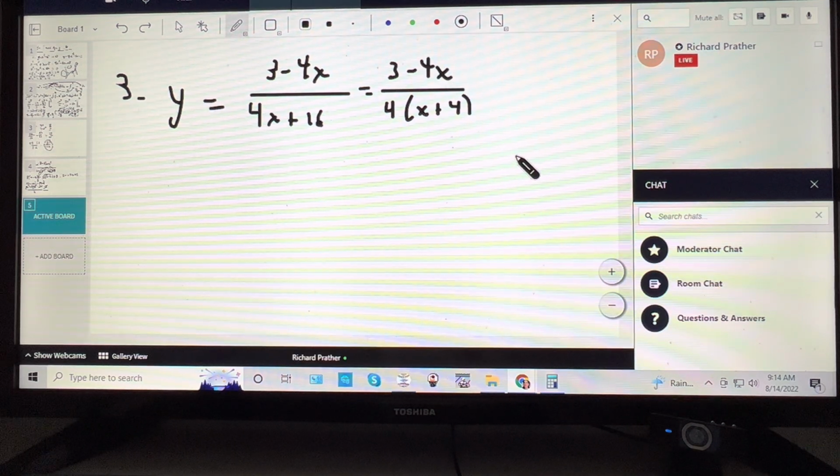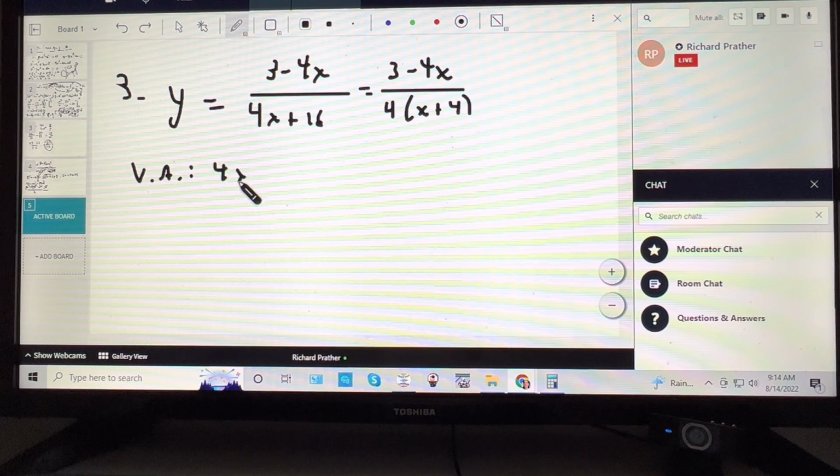If anything cancels, then stuff that would have been making the denominator 0 is a hole in the graph instead of a vertical asymptote. And it still would not be part of the domain, but it would make the graph look different. So we always want to check, can we reduce this fraction before we do anything else? We can't. So anything that makes the bottom 0 is a vertical asymptote then.